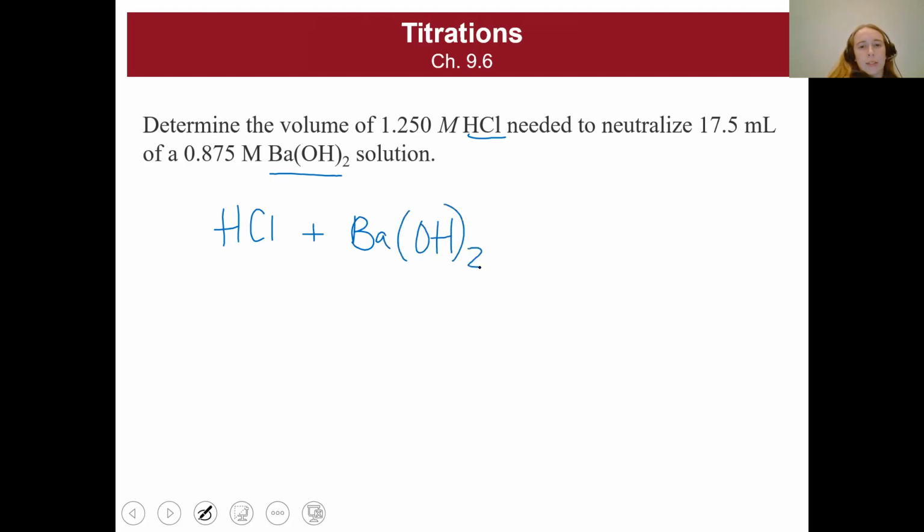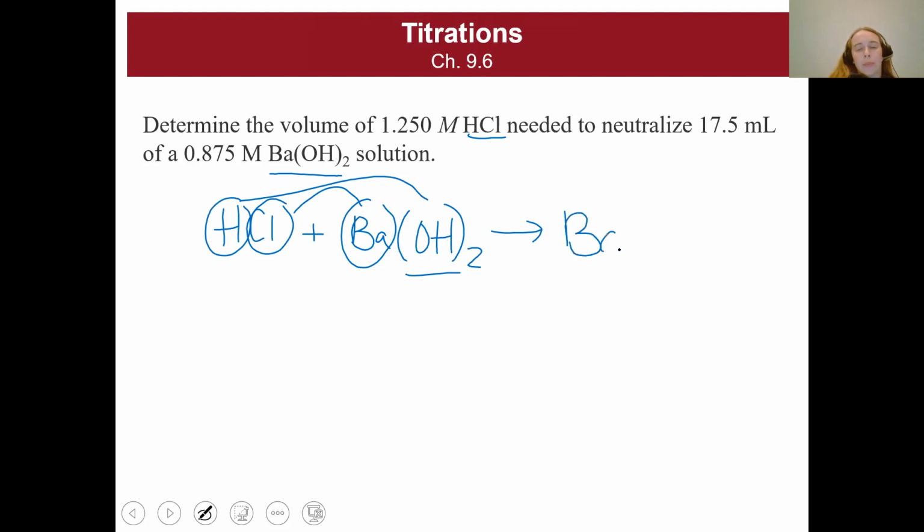It's an acid-base reaction, so it's a double displacement. So the barium's going to end up with the chlorine, and the hydrogen's going to end up with the OH to make water. So you're going to have barium chloride. Barium is a 2+, so we need two chlorides to balance it out, and water.